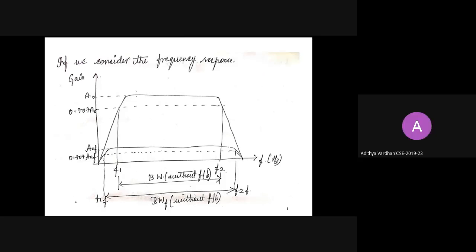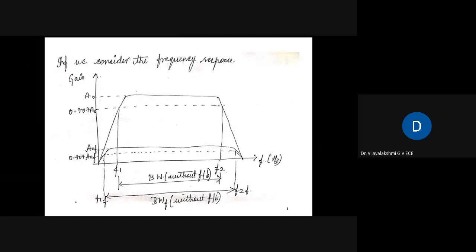So you'll be giving the input signal with different frequencies. So the variation in gain with respect to the frequency is being plotted here, and that is the frequency response.